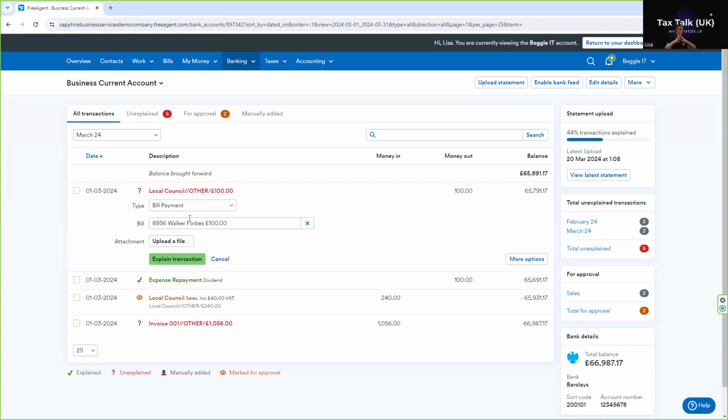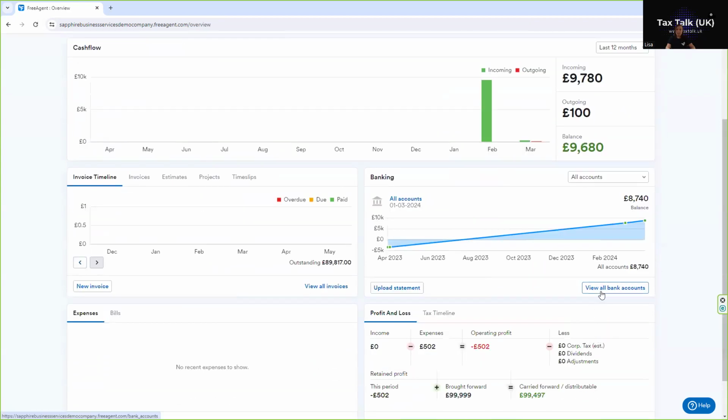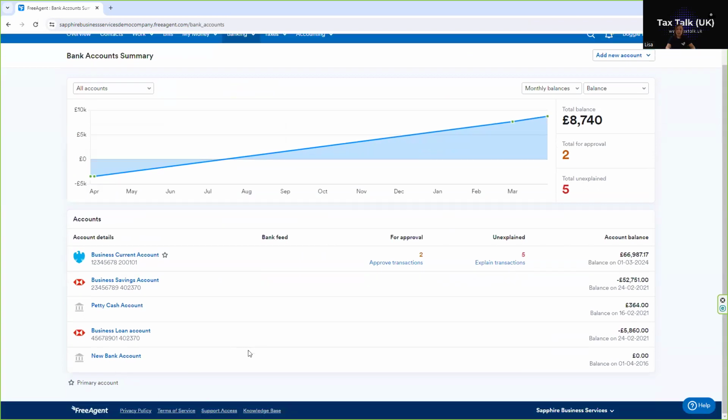So you would use a bill when you don't want to categorize directly, because you want to enter the bill and keep track of that supplier. Of course, as we can see here, we've got all the transactions fed through from our bank accounts. If we go back to all of our bank accounts, you can see that we have everything allocated here.